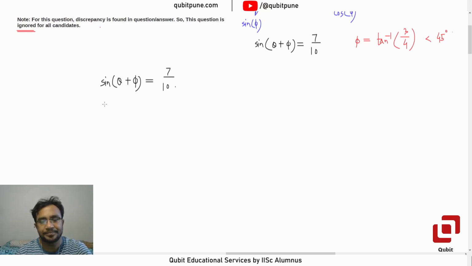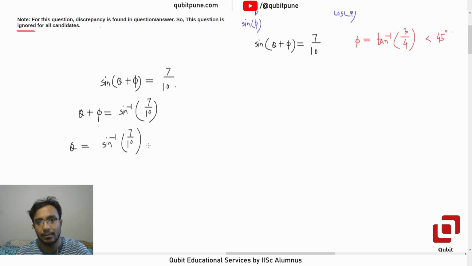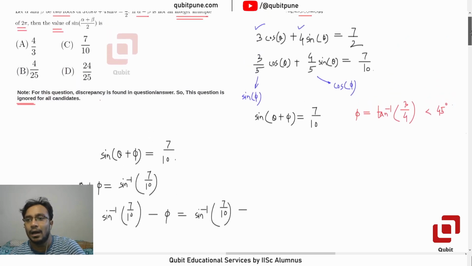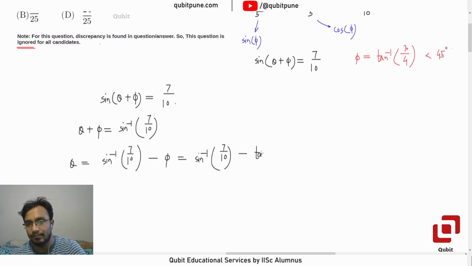Look, sin(theta plus phi) is equal to 7 upon 10, so theta plus phi automatically becomes sine inverse of 7 upon 10, and therefore theta will be sine inverse of 7 upon 10 minus phi, which is sine inverse of 7 upon 10 minus tan inverse of 3 by 4. Now this will give us alpha, one of the roots.